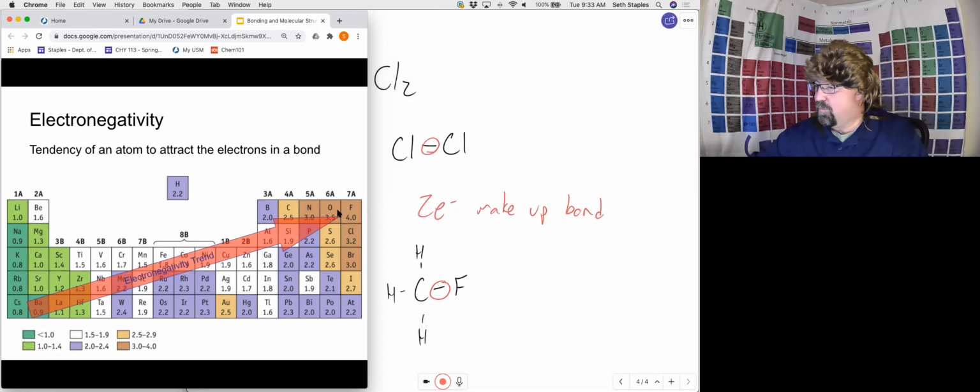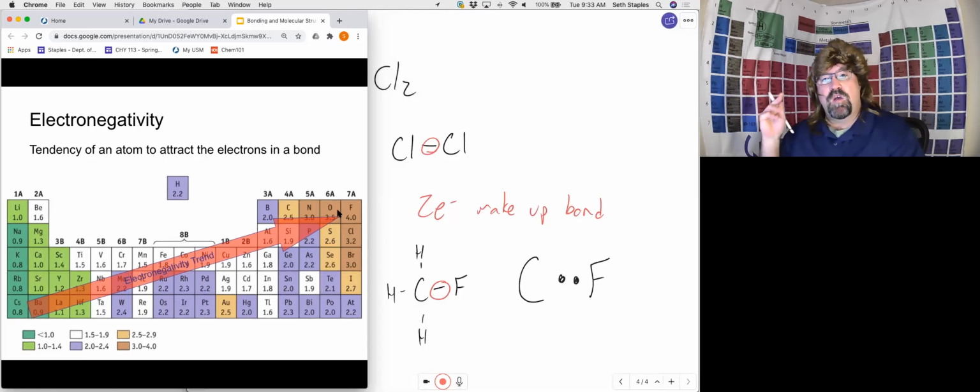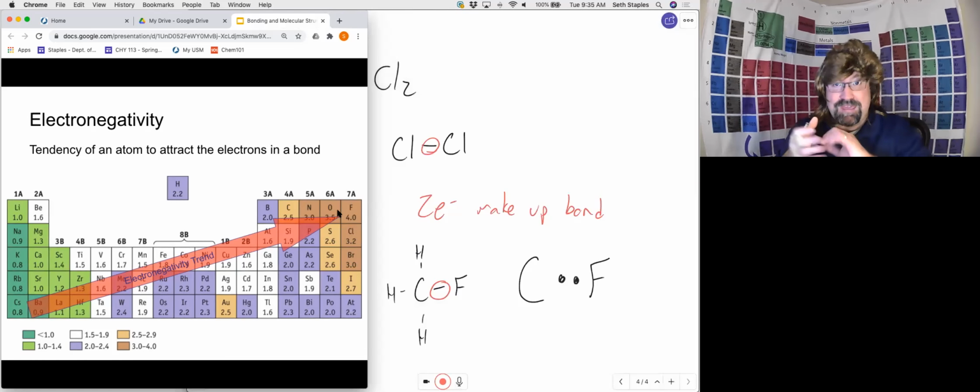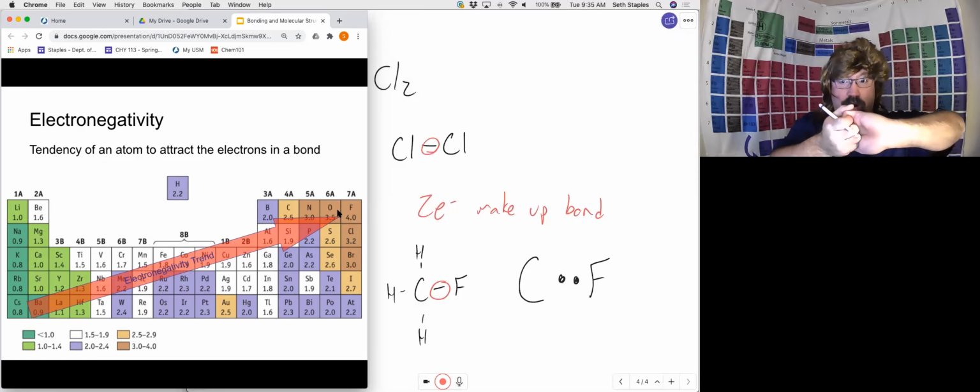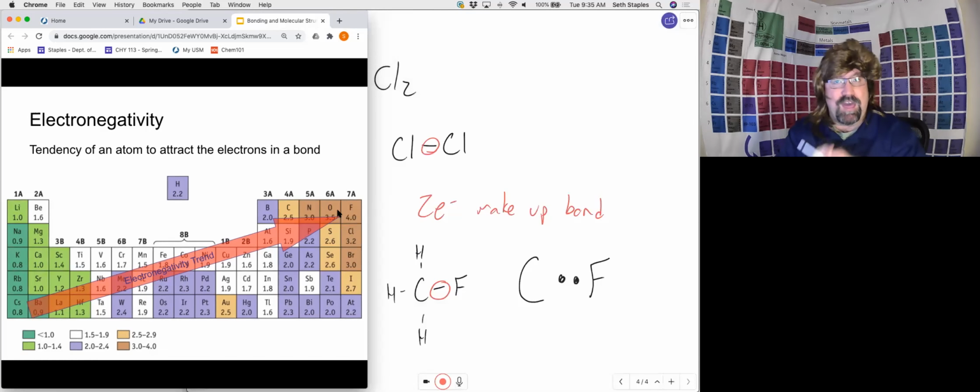That means that when we look at this bond in a little bit more detail, let's just blow this up a little bit. Here are our 2 electrons that make up the bond. Those 2 electrons, again, are always moving around. For our purposes in this discussion, we're going to say that those 2 electrons are always going to be between carbon and fluorine. They're always making up that bond. They're what are holding carbon and fluorine together.